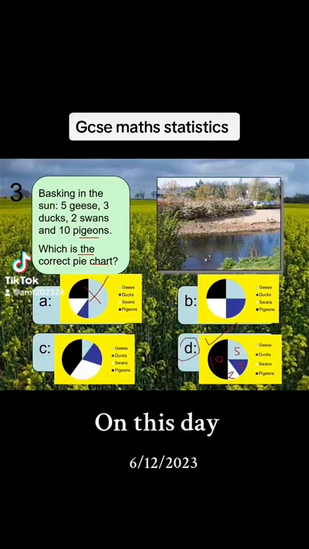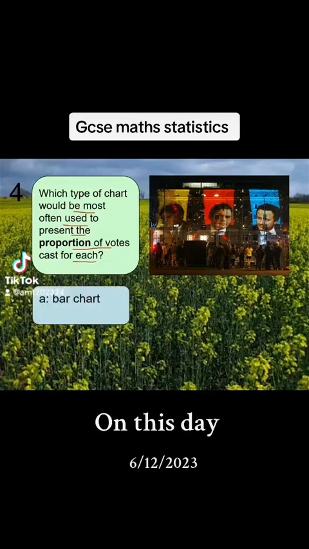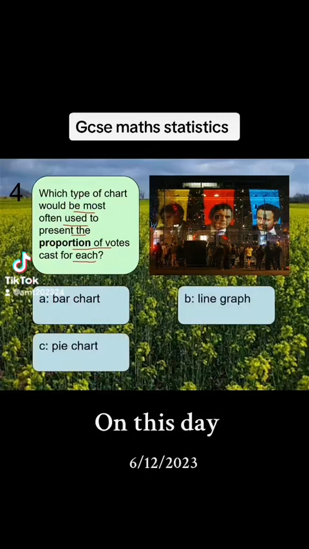It'll be option D. Question number 4, which type of chart would be most often used to present the proportion of votes cast for each party? A pie chart, B line graph, C bar chart, D scatter graph.